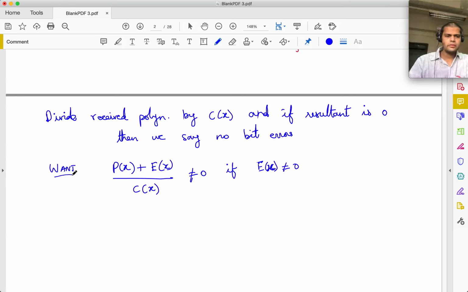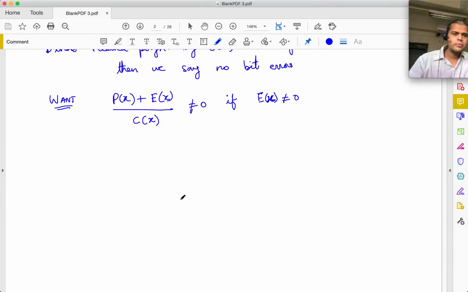This is what we want. But this is only in an ideal world where for all E of x's we would get it. Because really E of x could push this code word to another valid code word, and then obviously we are going to end up with 0, so this won't be true.